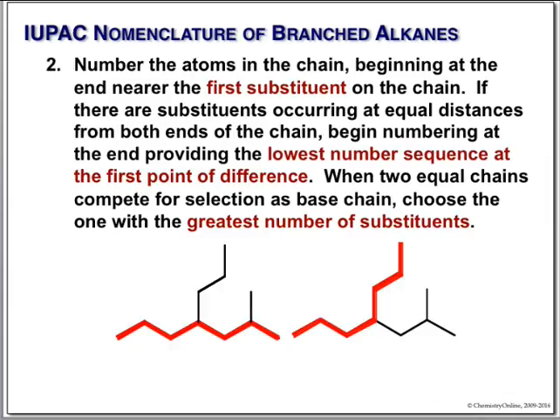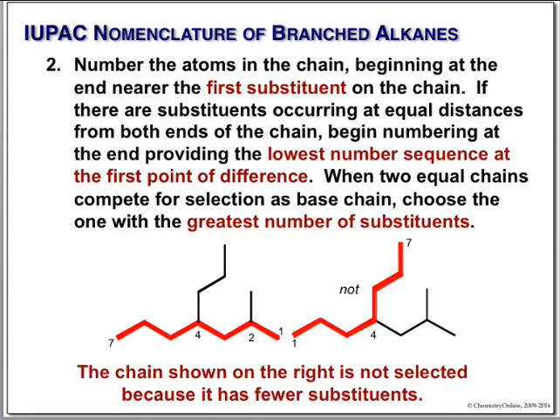On this one, right here, we'd only have 1. This is the bad choice, and this is our good one. We would start numbering here, because it's closest to our first substituent. 1, 2, 3, 4, 5, 6, 7. 7 is hept. So this is a heptane.